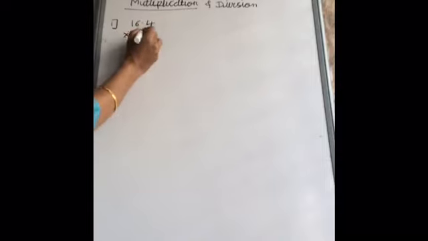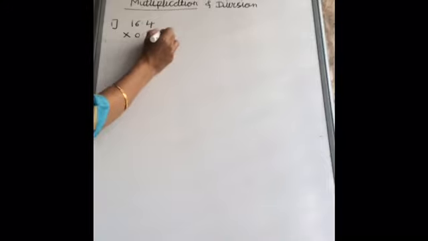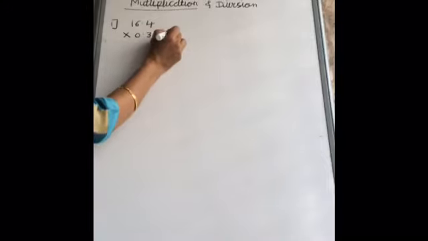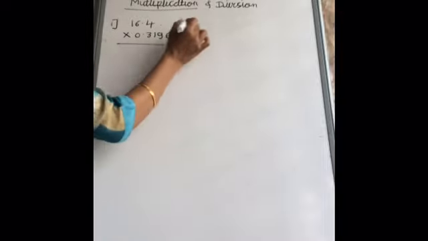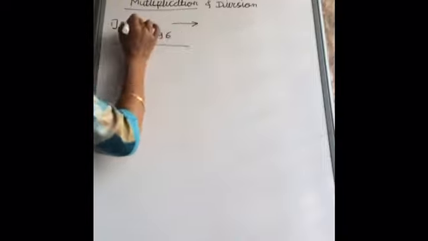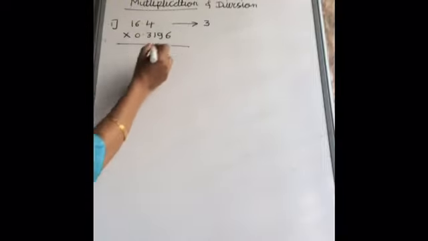16.4 into 0.3196. Now you have to find out how many significant figures are in this multiplication. The first number has 3 significant figures.